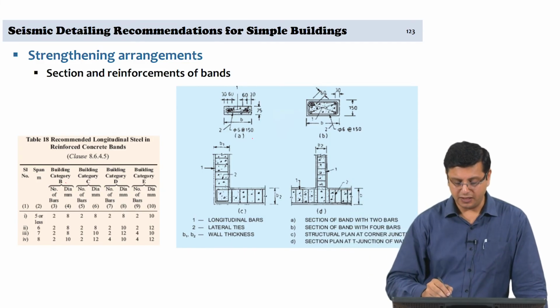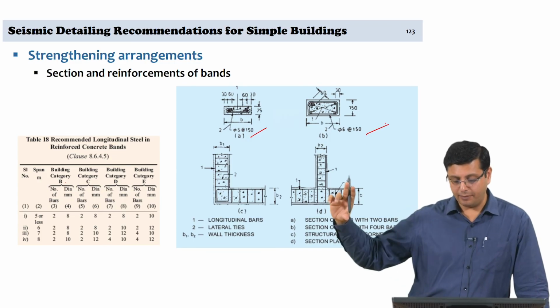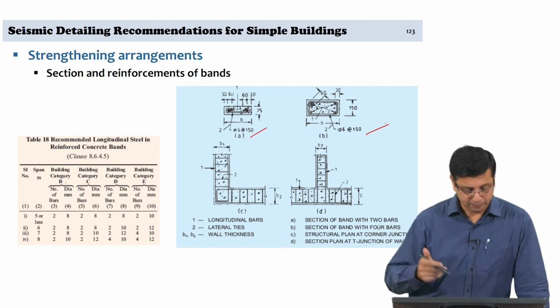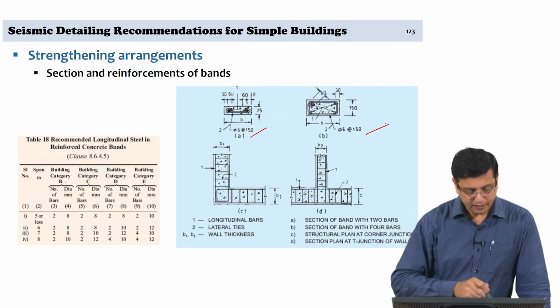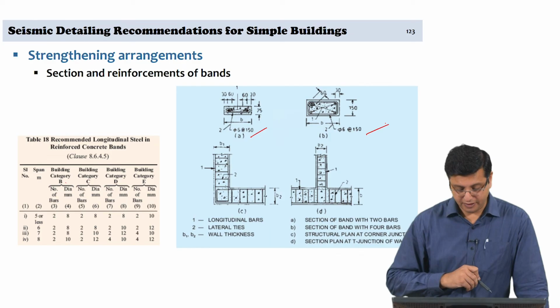The two pictures that you see here, section A and section B, are 75 and 150 mm. 75 mm will have 2 bars, 150 mm will have 4 bars, and the number of bars required in each category, and the diameter of bars, are prescribed in the table.